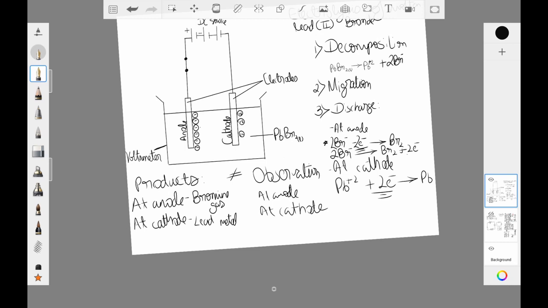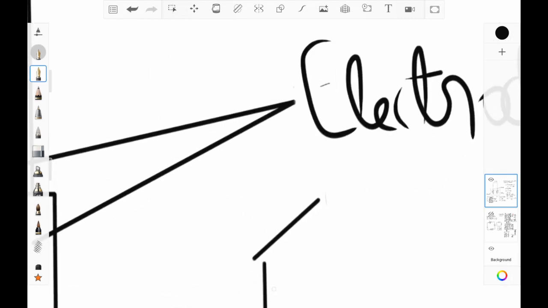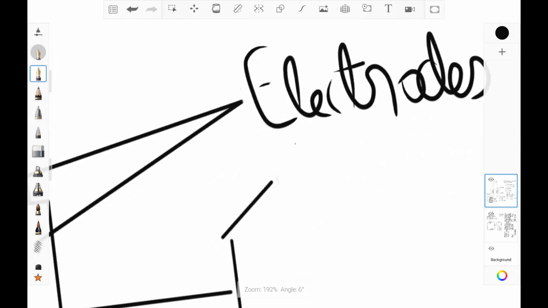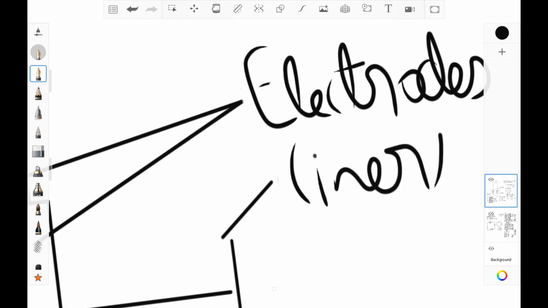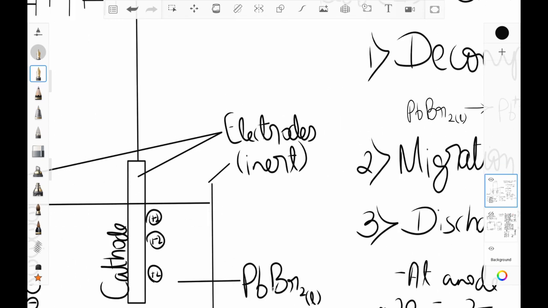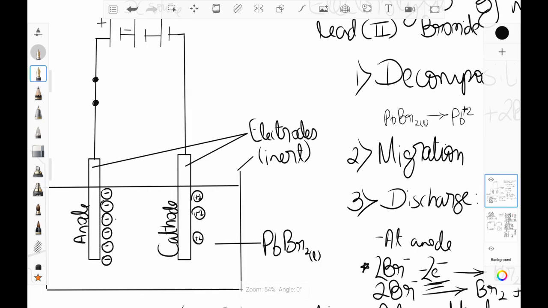The next thing that I have to mention is that during this electrolysis, we use something known as inert electrodes. Inert electrodes are electrodes that do not react with the electrolyte for obvious reasons. If they were to react, then you wouldn't be able to carry out electrolysis properly, and that would be a problem. So we use inert electrodes which are unreactive.